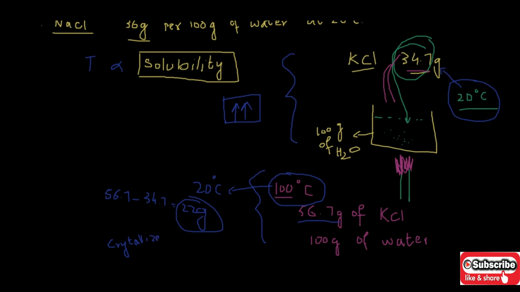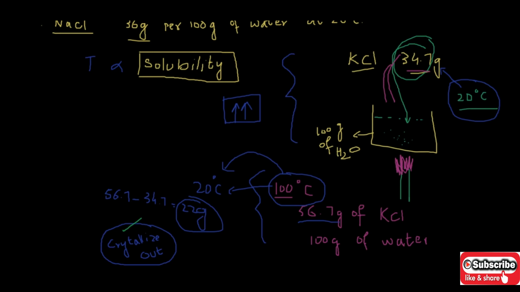Initially, once you dissolve the potassium chloride, it was totally dissolved and a homogeneous solution was formed. But after decreasing the temperature from 100 degrees centigrade to 20 degrees centigrade, the salt, potassium chloride, has crystallized out.